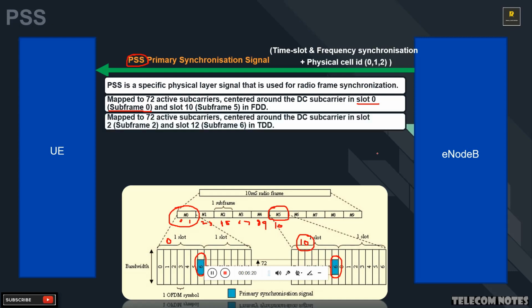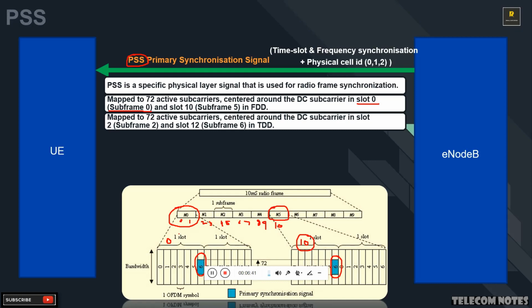It is mapped on 72 active subcarriers centered around the DC subcarrier in slot 2 and slot 12 in TDD. In case of TDD, the PSS is placed over slot 2 of subframe 1.